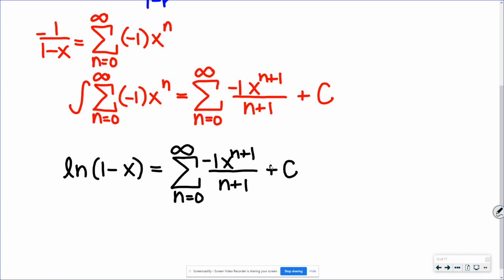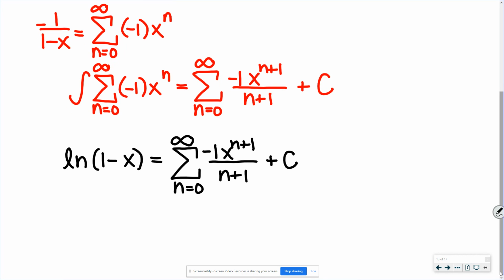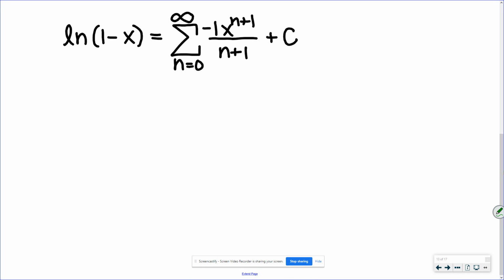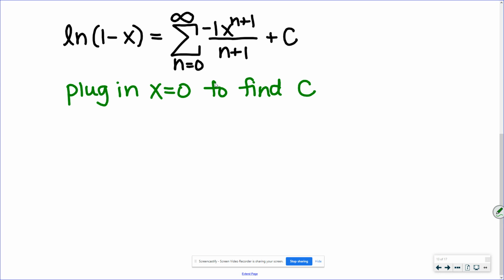Okay? So what we'll do is we will plug 0 in for x, and that's going to help us find the value of c. So you're going to plug in x equals 0 to find c. All right, so let's see what happens.